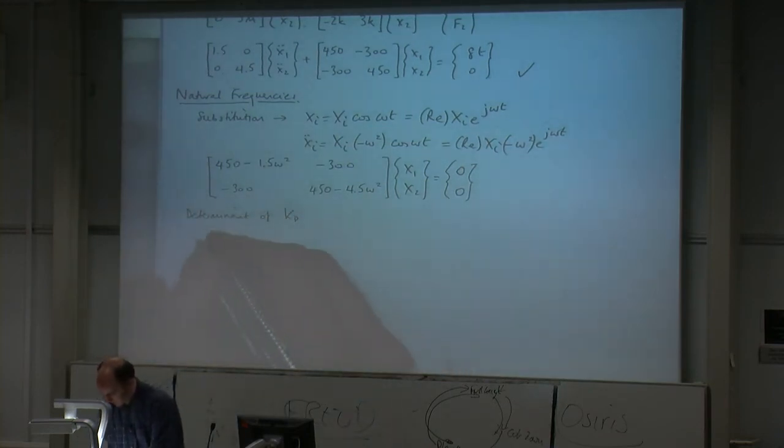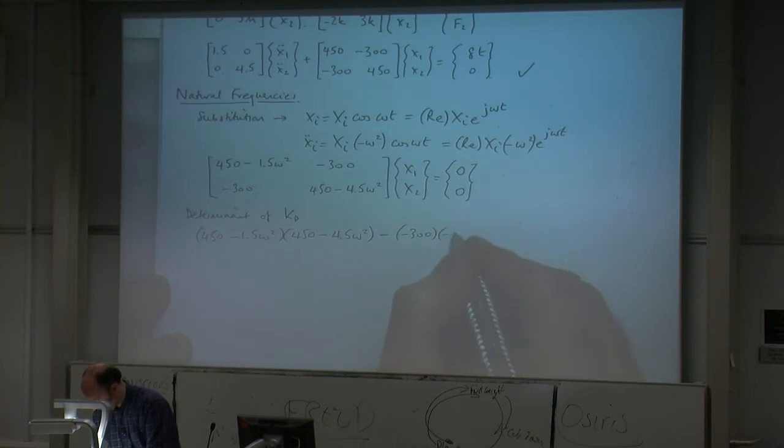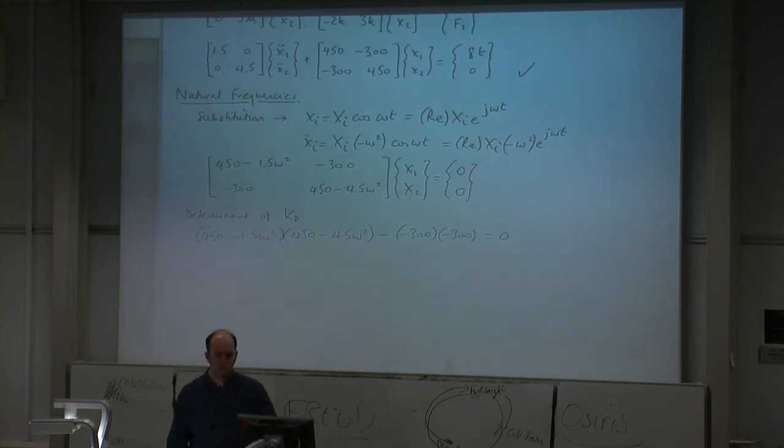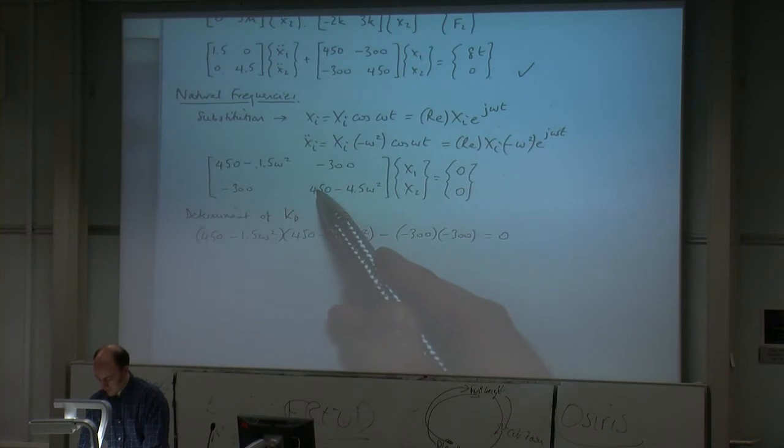And so that's going to be 450 minus 1.5 omega squared times 450 minus 4.5 omega squared, minus 300 times 300, equals 0. So the determinant of the 2 by 2 matrix is these two terms multiplied together minus these two terms multiplied together.